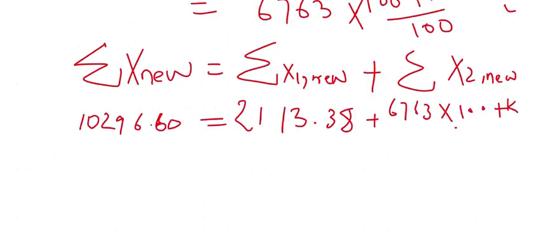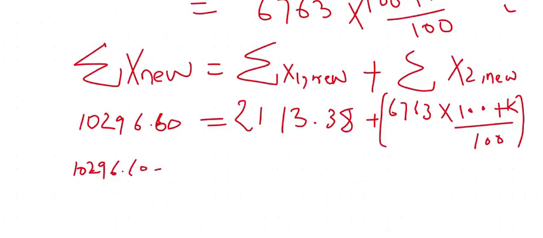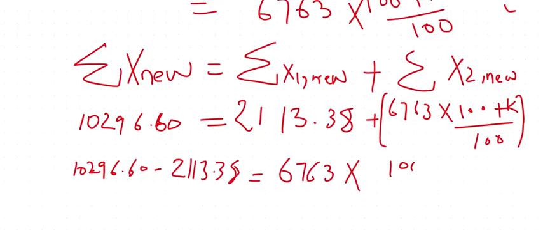All right, so we have to solve for k and we just simplify all the terms. We get 10296.60 minus 2113.38 equals 6763 multiplied by 100 plus k, divided by 100, because we have to calculate the value of k from here, okay?